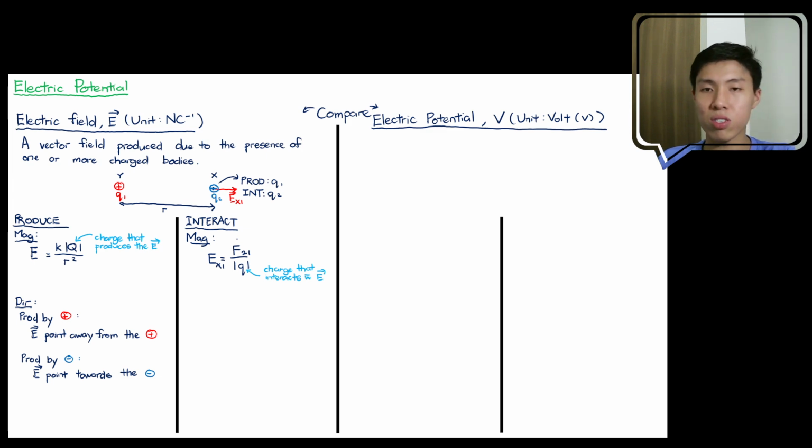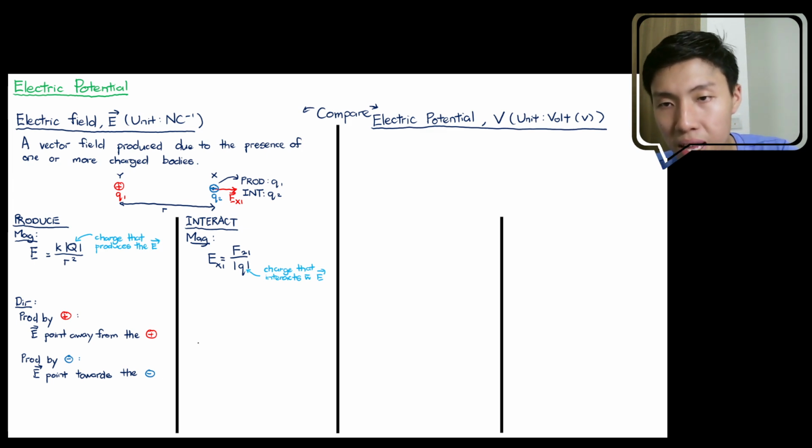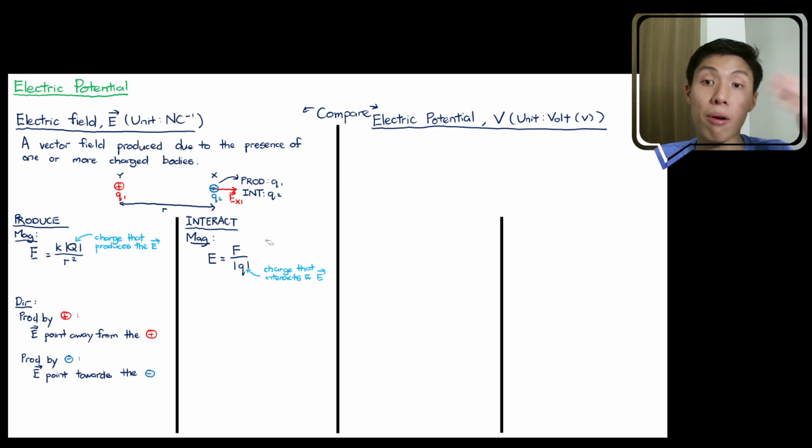I hope it's not confusing, but I'm going to keep it general because different situations label charges differently, so I'm just keeping it as E and F. But for this particular situation, technically you should write this force as force on 2 by 1, F21. This one is electric field at X by Q1, so E X1. Okay, so this is how you should label them.